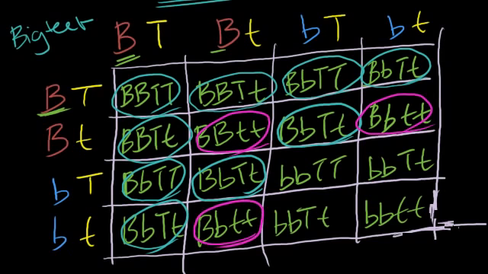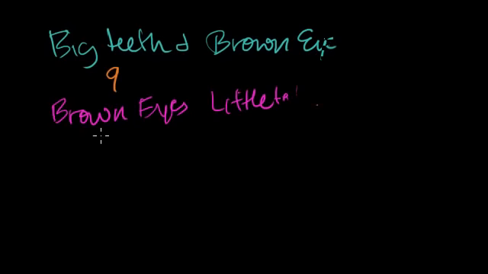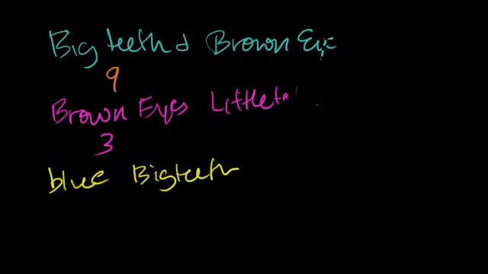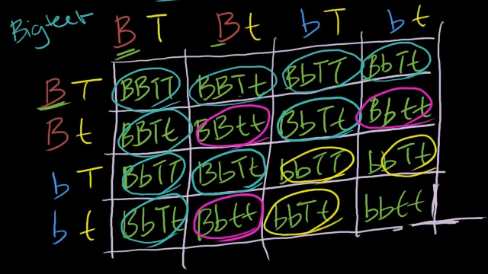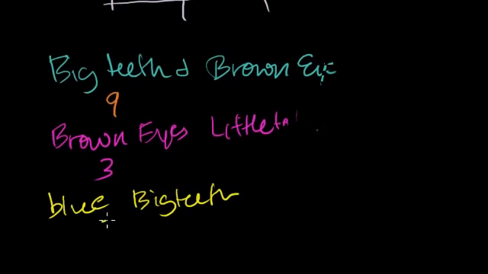So there's 3 combinations of brown eyes and little teeth. And if I were to say blue eyes and big teeth, what are the combinations there? Well, this is blue eyes and big teeth, blue eyes and big teeth, blue eyes and big teeth. So there's 3 combinations there.